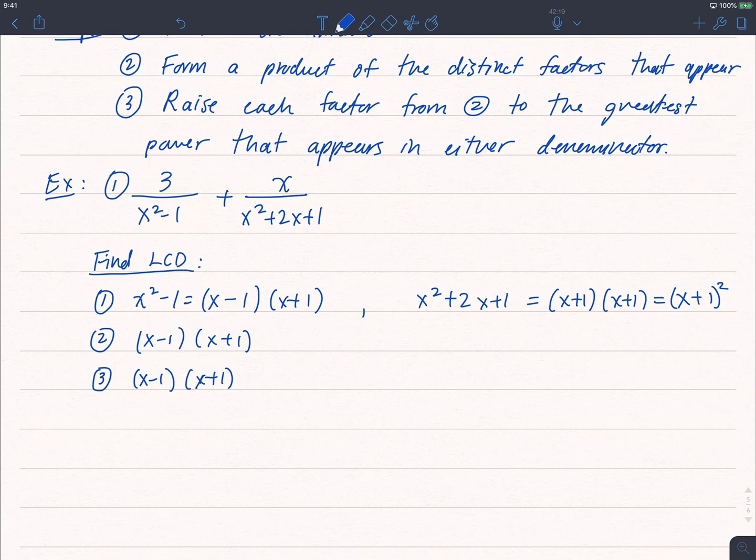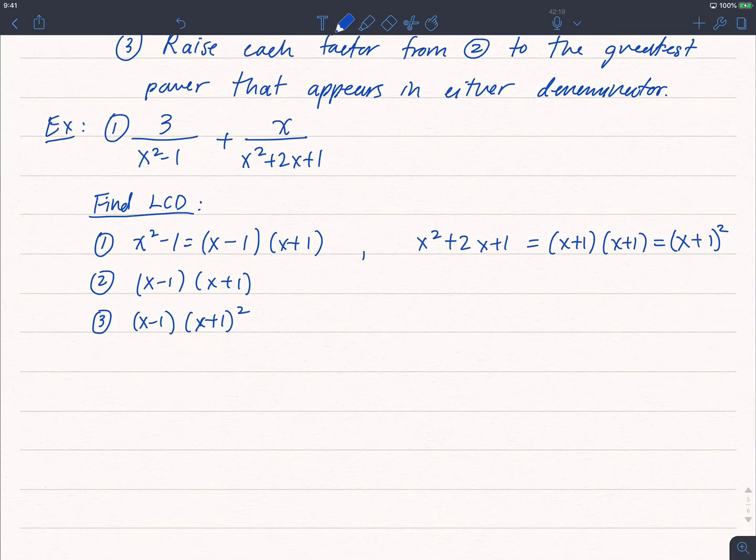Now let's look at x plus 1. So x plus 1 appears in both denominators, but in the second denominator, it appears to the second power, and that's the highest power in which it appears. So our LCD is x minus 1 times the quantity x plus 1 squared.